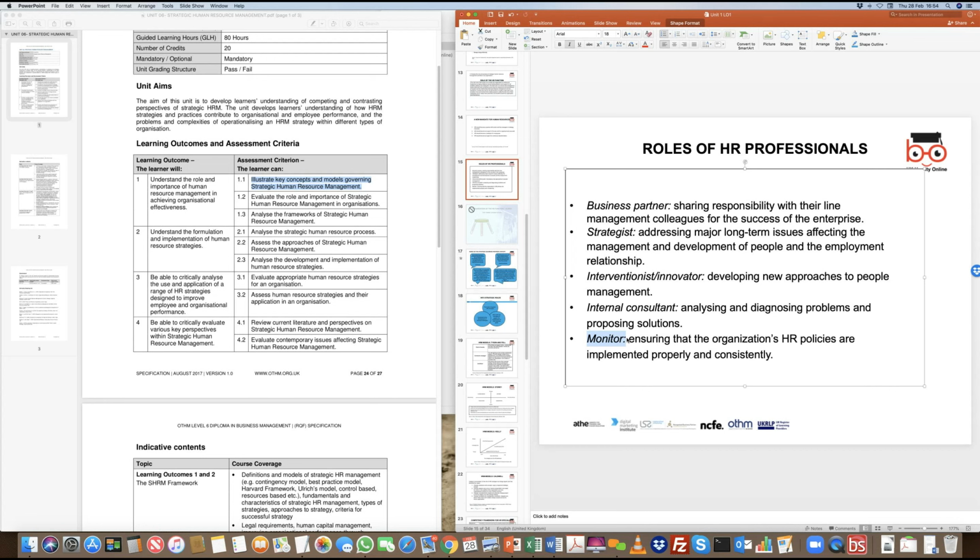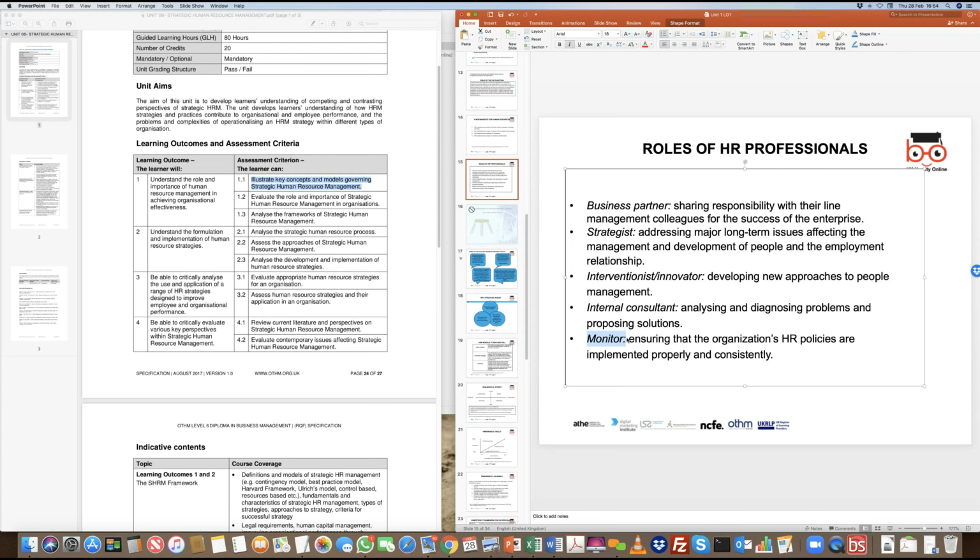This is done primarily to look at whether the HR is following all the law and legislation within the organization. If you hire people in Abu Dhabi, India, the US, or Singapore, there is different legislation, different tax structure, and different requirements which the HR needs to have. So that audit is done through the monitoring role of HR.